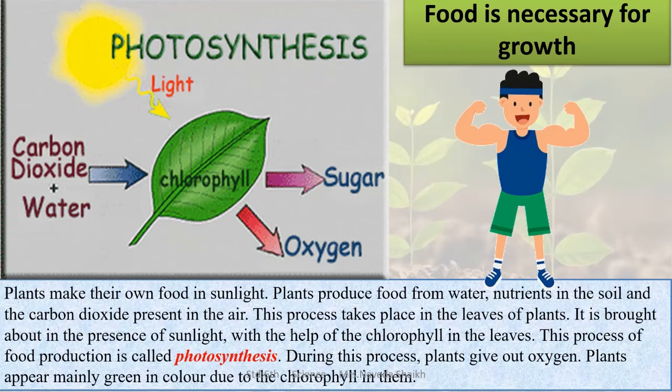With all these things, they prepare their food, that is glucose, and they give out oxygen gas. So this process of food production is called photosynthesis. During this process, plants give out oxygen, which is important for us. Plants appear mainly green in color due to the presence of chlorophyll in them. So food is extremely important for growth of all living things.